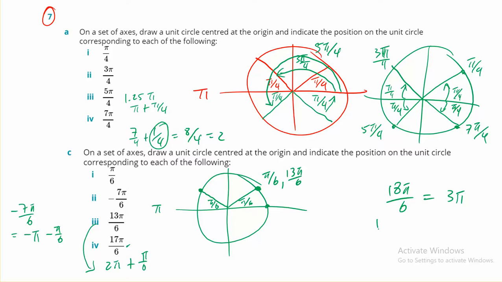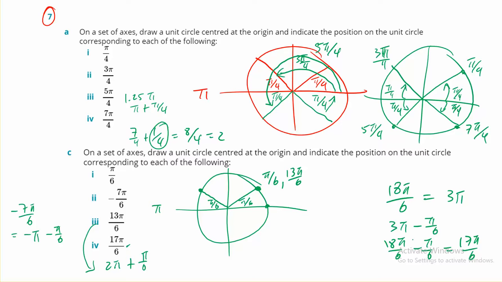We're 3 pi, subtract pi over 6. If you didn't know what I'm talking about, 18 pi over 6 minus pi over 6 gives you 17 pi over 6. Okay. So on the unit circle, where am I going to go?